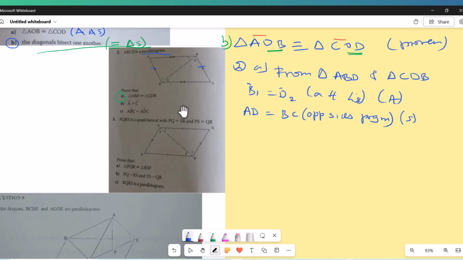What else do you see here? Any other equal sides or angles? Who can help us here now? One more we need to prove this. B1 equals to D2, but we finished that. It is here. Another one.